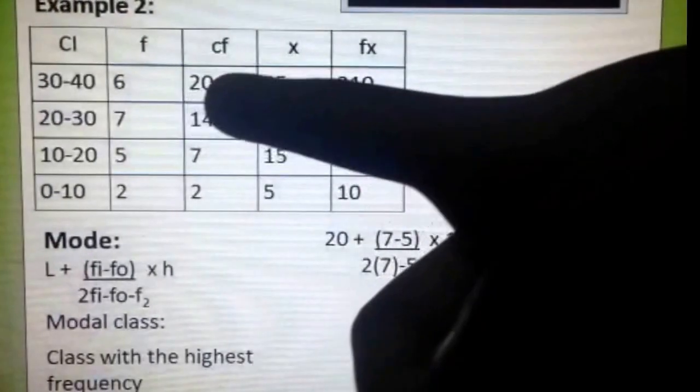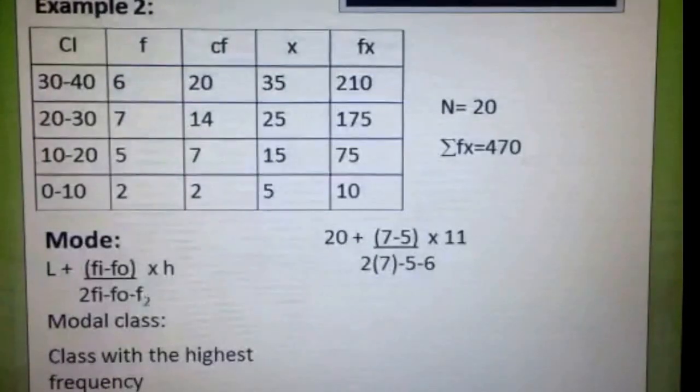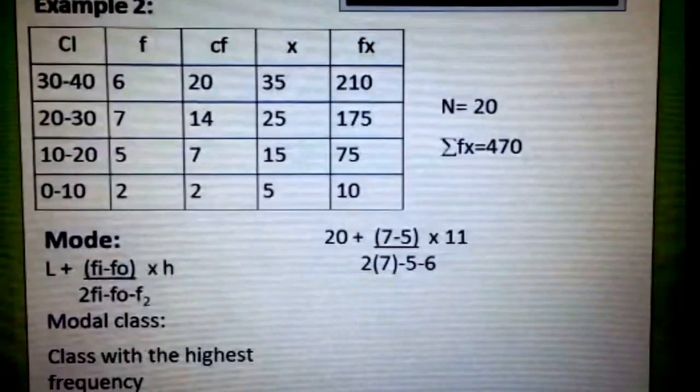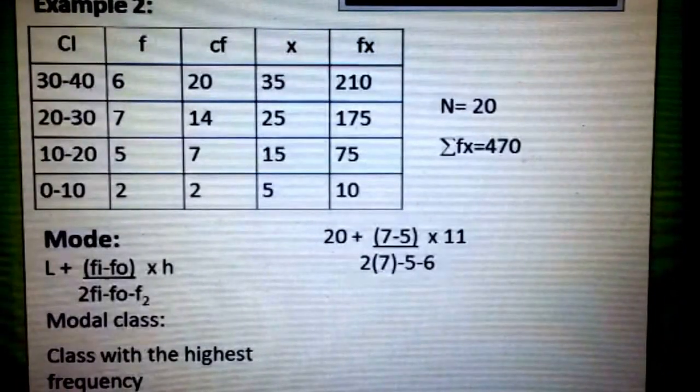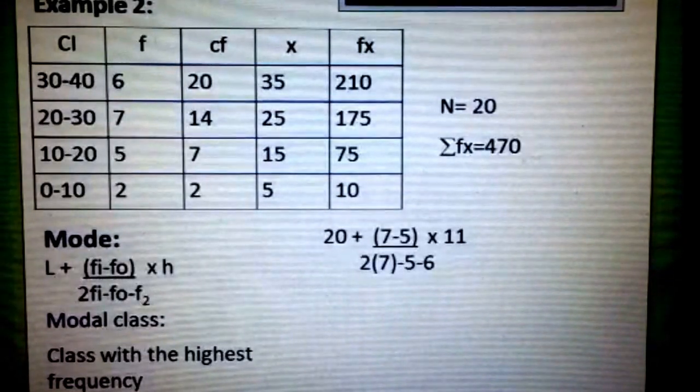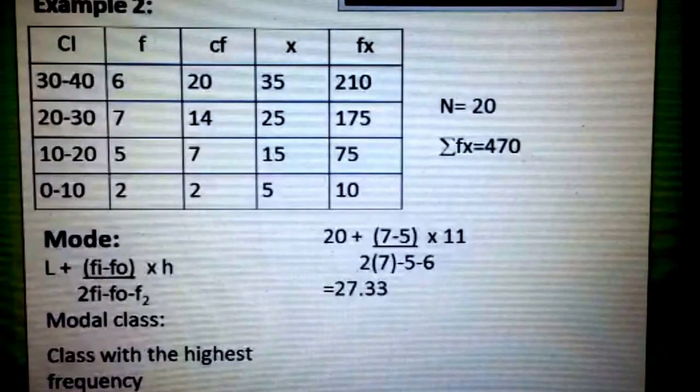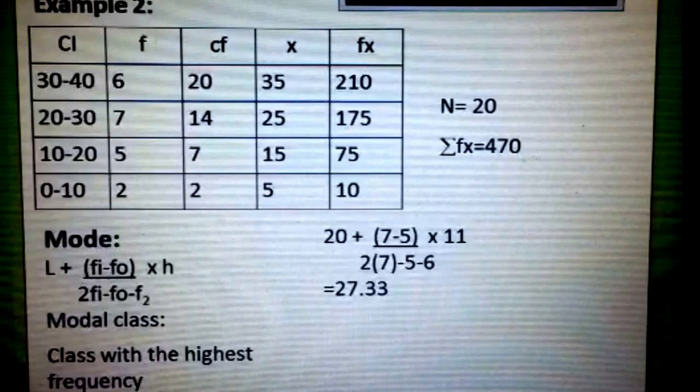That is the succeeding, or the after modal class frequency. And we have substituted all the values, we need to solve, and we get 27.33 as our mode.